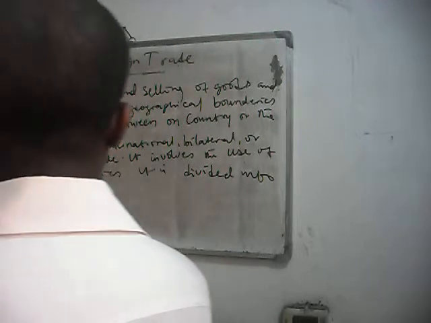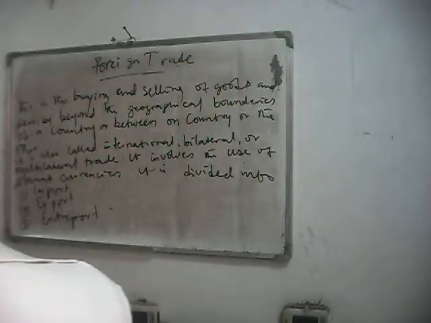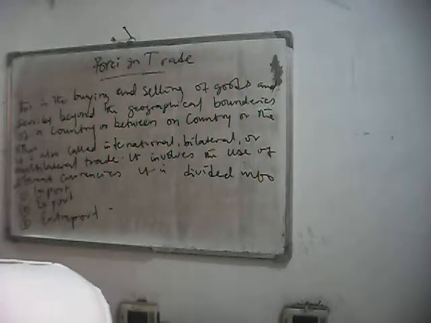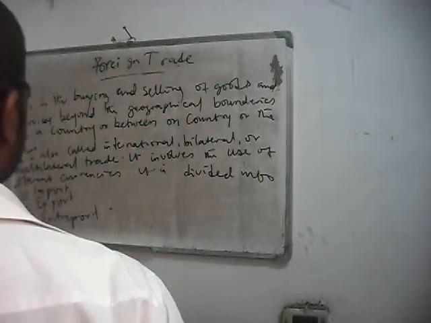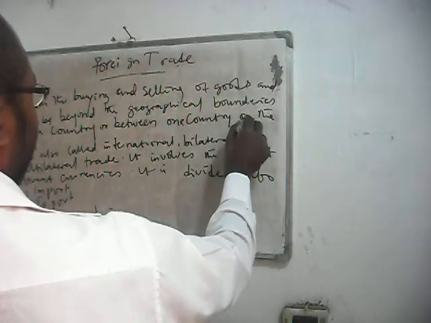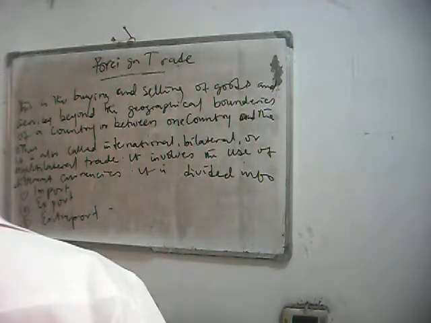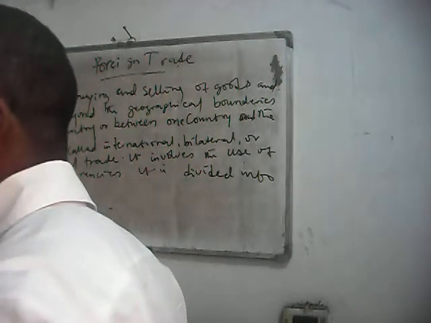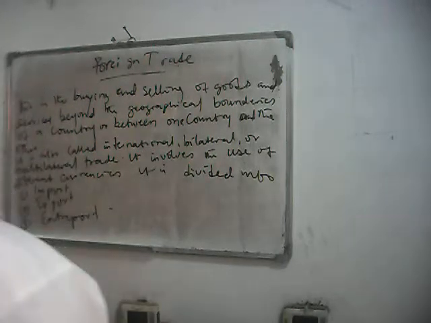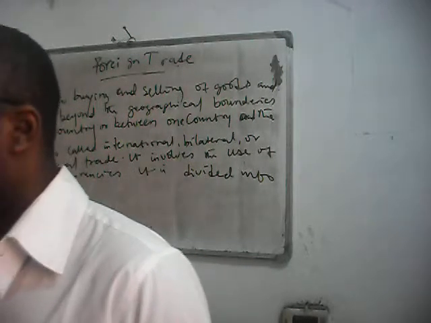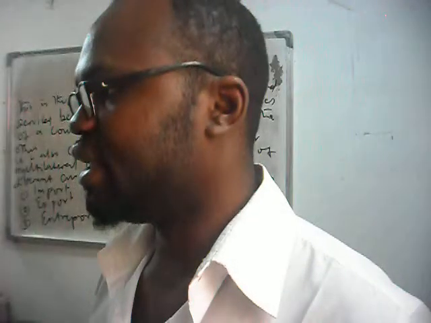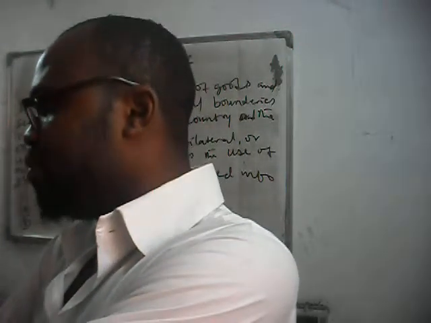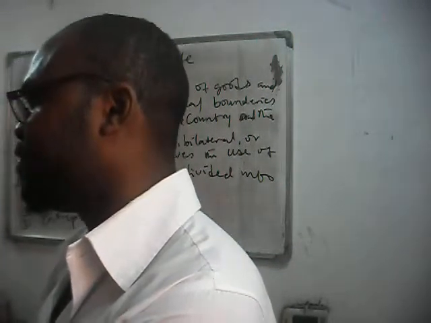Now we're going to look at foreign trade, which is the buying and selling of goods and services beyond the geographical boundaries of a country, or between one country and the other. Whenever you have a trade between one country and the other, you have foreign trade. An example is the trade of crude oil between Nigeria and the United States of America.